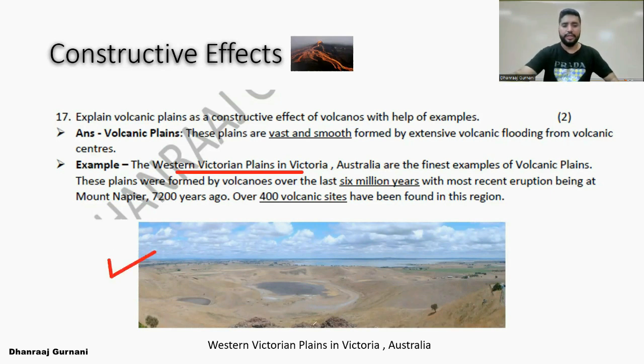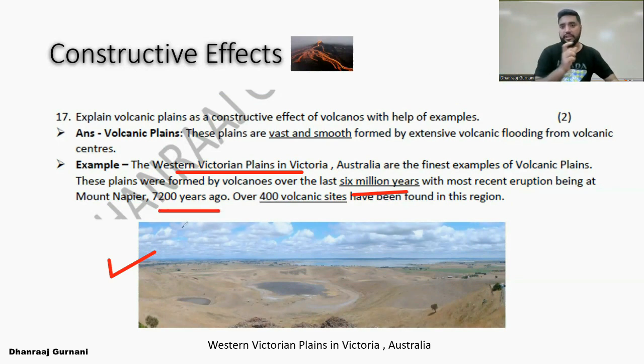Western Victorian plains in Australia are the finest examples of volcanic plains. These plains were formed by volcanoes over the last 6 million years. So it took a lot of time. It takes a lot of time for volcanic plains to be formed, with the most recent eruption happening around 7,200 years ago.